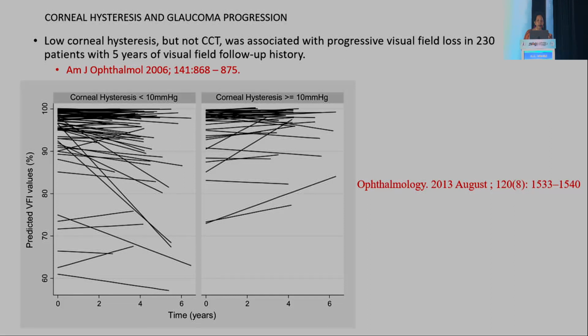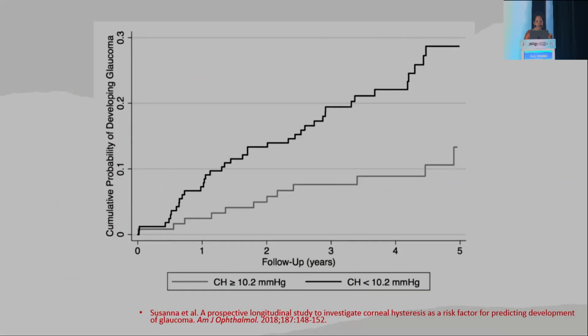This study showed that low corneal hysteresis but not CCT was associated with progressive visual field loss. You can see in this diagram that when the corneal hysteresis is less than 10 mmHg, the predicted visual field index values show a downward trend over time. Whereas on the right side, when the corneal hysteresis is more than 10, the values are maintained horizontally or show an upward trend. This is another paper by Susanna et al.